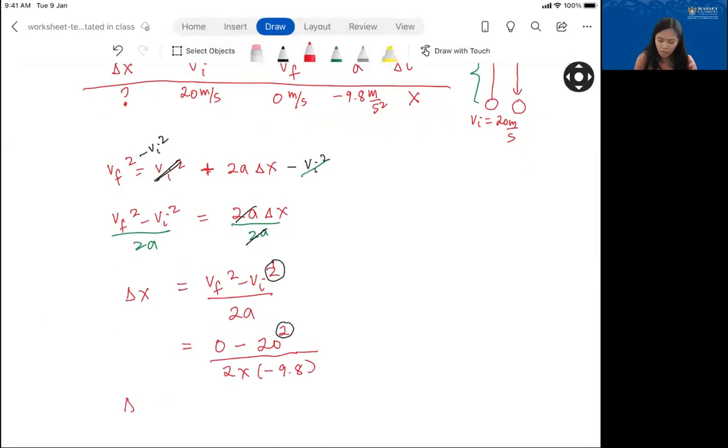That should give you a positive delta x in this case, because you have negative signs on both sides.